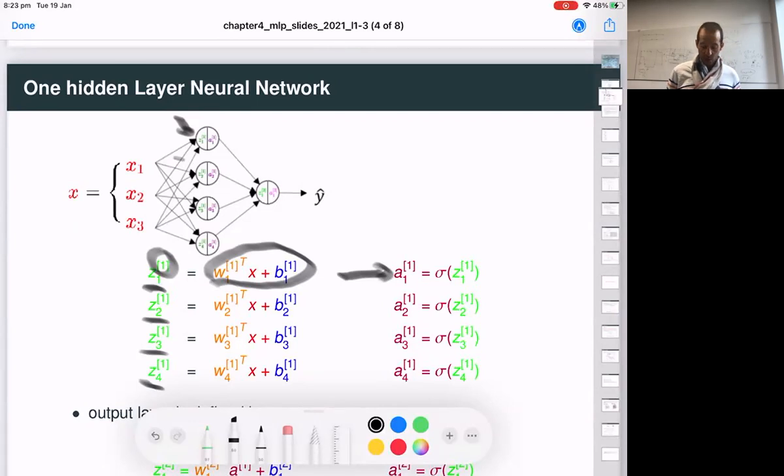And so the output, from this arrow, is this one.